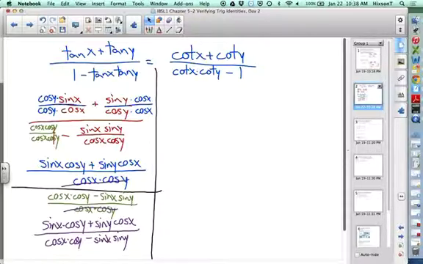Then multiply twice and multiply the sine x, sine y, and it will be tangent x times 1 minus 1 divided by 1 times tangent x.